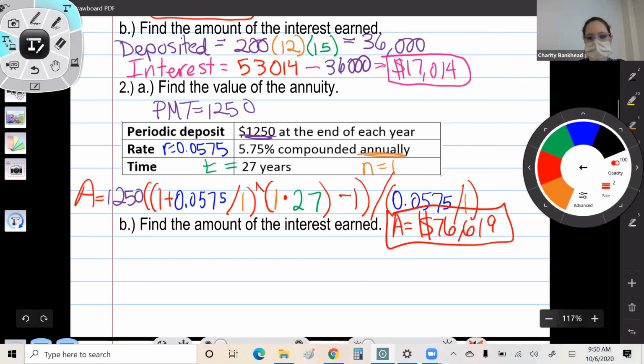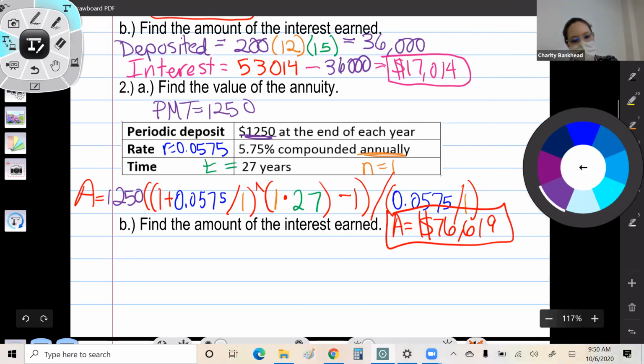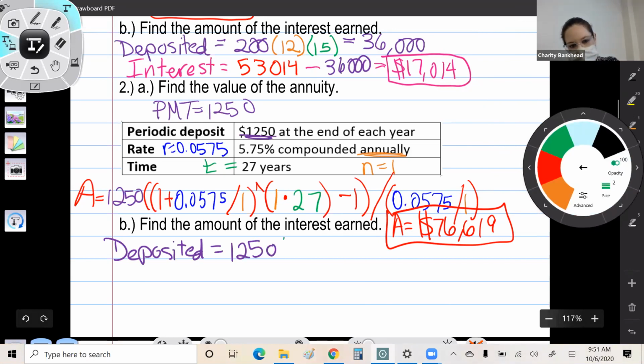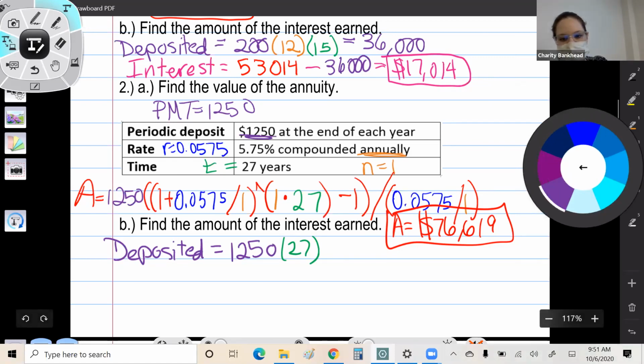All right. So then the amount deposited, so that's 33,750.